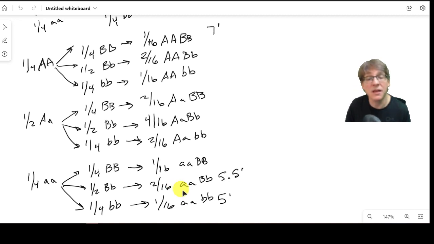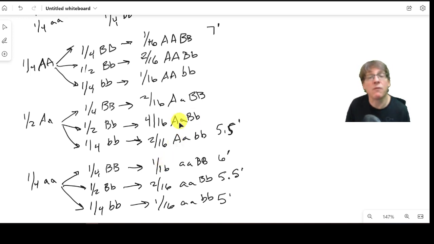Now this 1/16 of the people are going to be little a, capital B, capital B. Here we have 2 capital B's, each of them adding 6 inches, so we're going to add a foot onto our 5 feet base. All of these individuals are going to be 6 feet tall. Now if we look up here, we have one additive allele. One additive allele gives us 5 feet 5 inches.